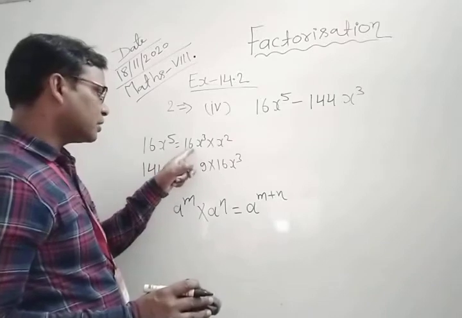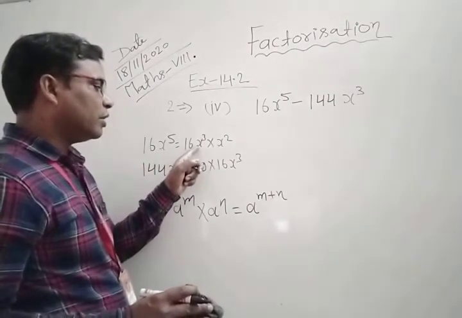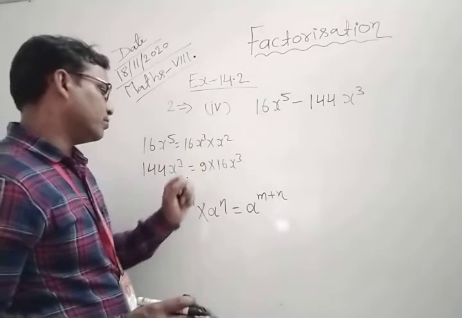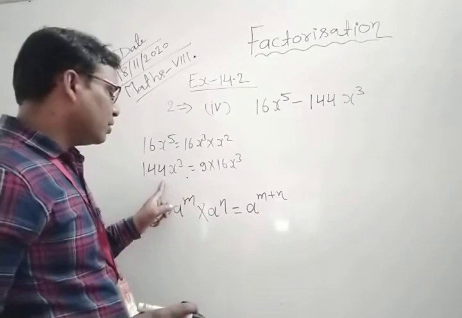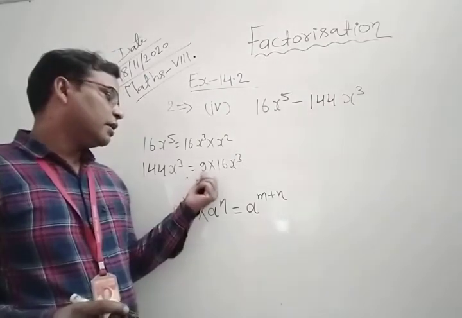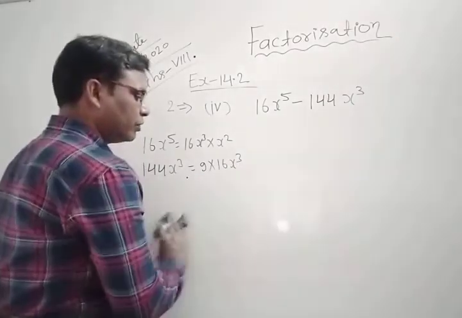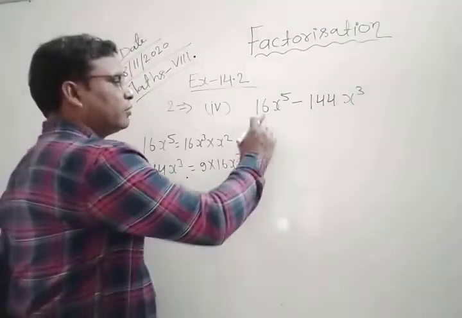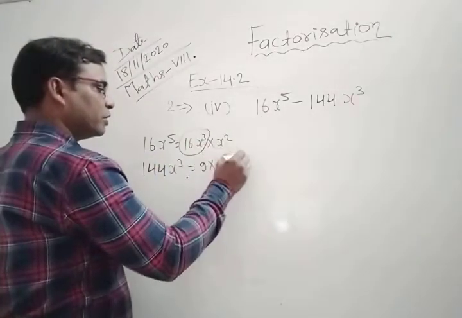We can express 16x power 5 as 16 into x power 3 into x power 2. And 144 is 16 times 9, so you can write it as 9 into 16 into x power 3. So what is common between them? 16x power 3 is common.